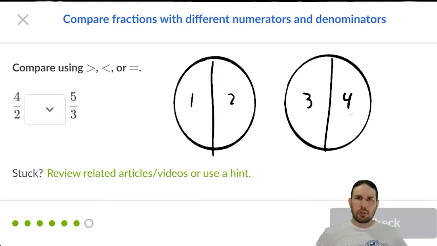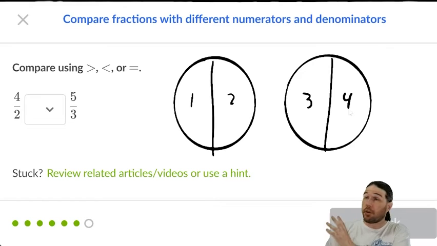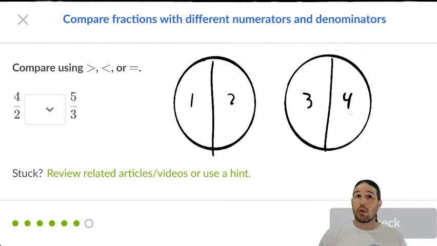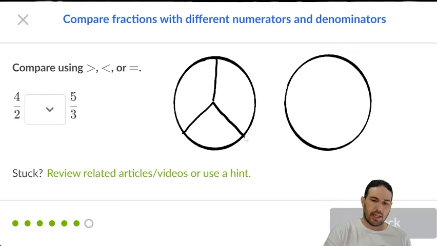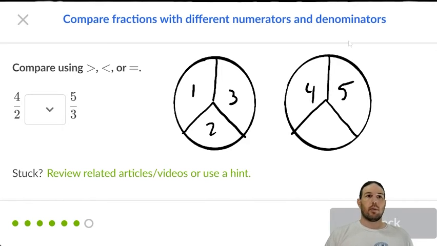And again, that shouldn't be terribly surprising because 4 divided by 2 is 2. Remember, fractions are division. Division is fraction. It's the same thing, and it follows the same rules. On the other hand, if I split each one up into 3, which looks kind of like a peace sign, and I label 1, 2, 3, 4, 5 of them, well, that's not quite 2.